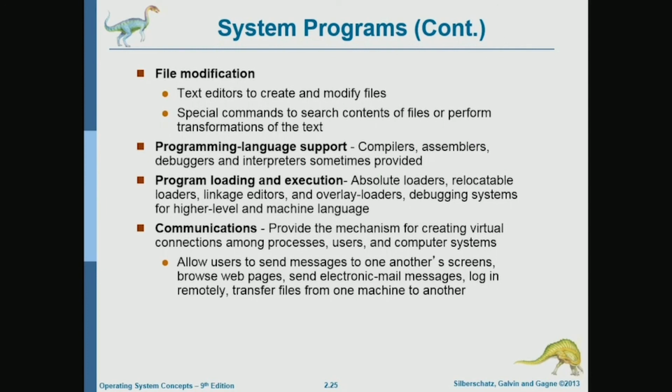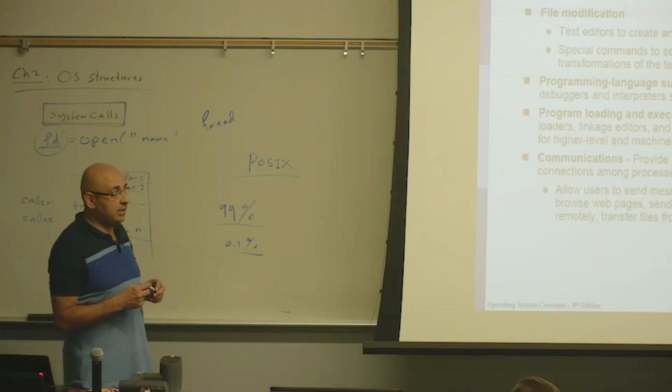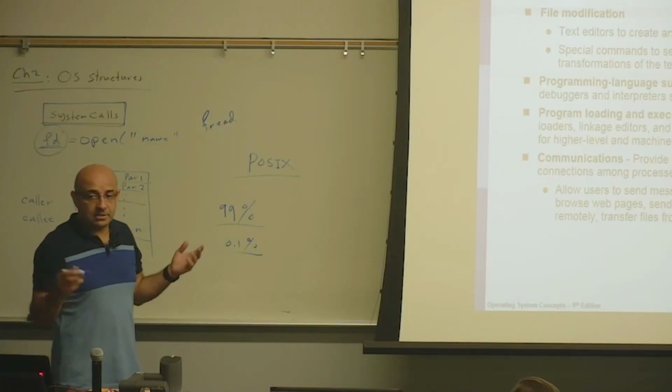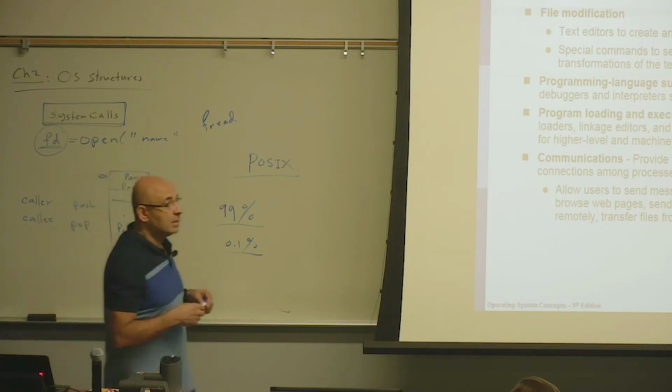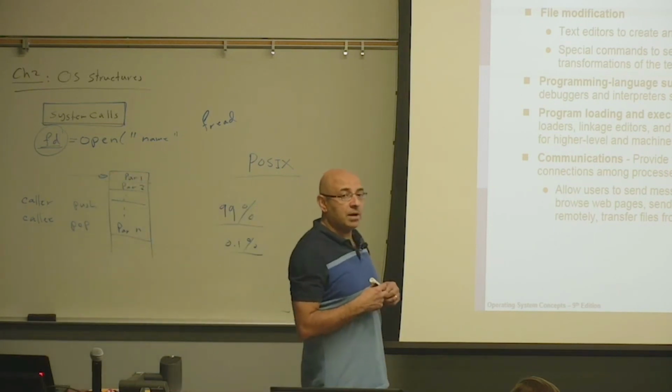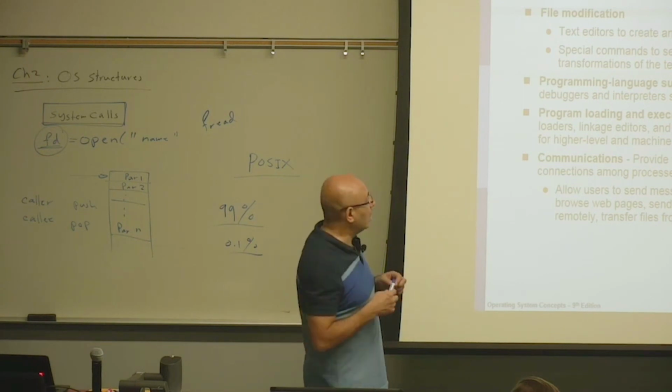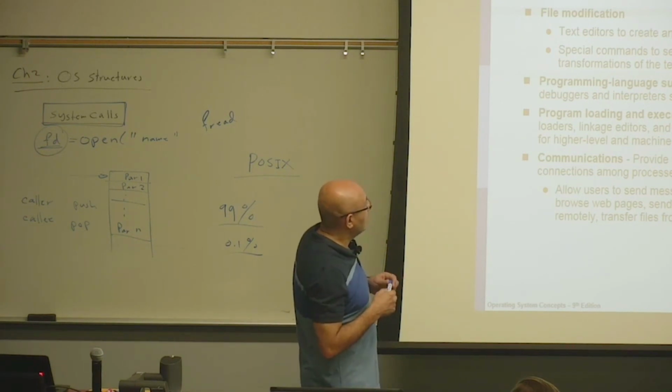So these are system programs, but these are not part of the kernel. And usually there is a compiler that comes with an operating system, like Unix systems are distributed with the GCC compiler. Okay. But that compiler is not part of the kernel.